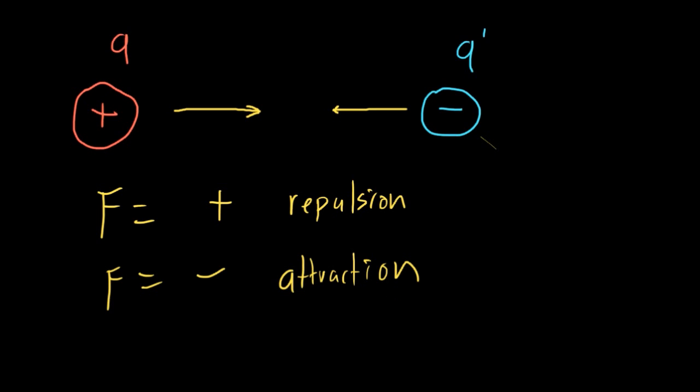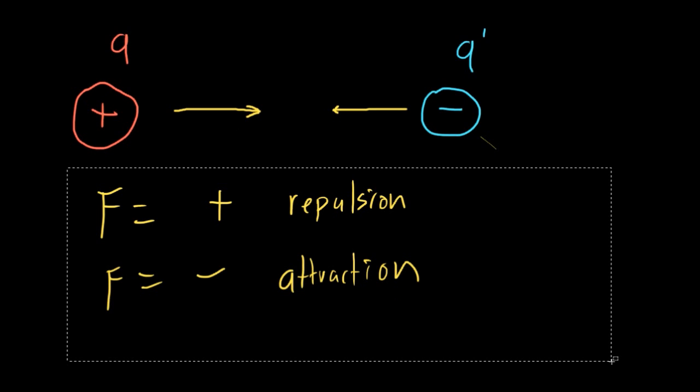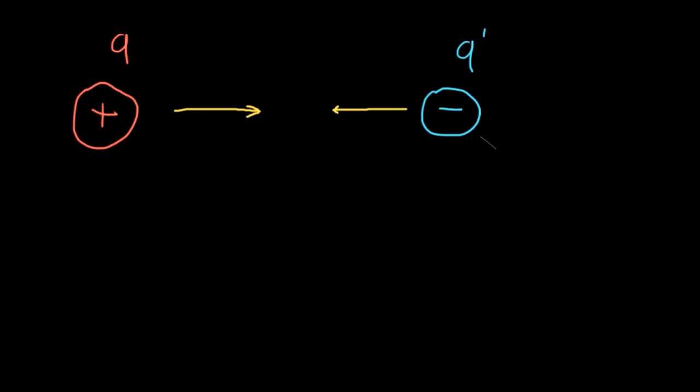Alright, so a quick example. This is the example on page 418. This is part B that I'm going to do. It says object A, we'll call this object A. Object A has a positive charge of 6 times 10 to the negative 6th coulombs.